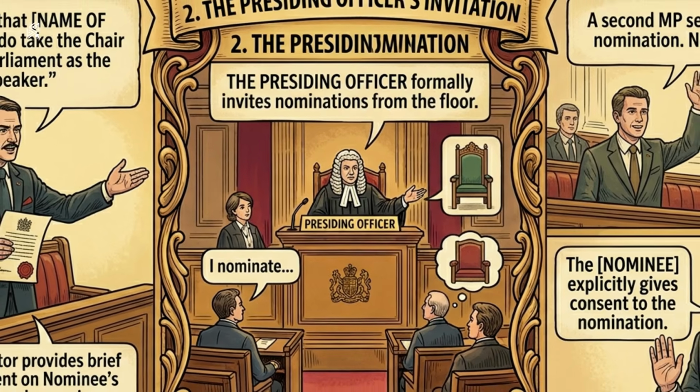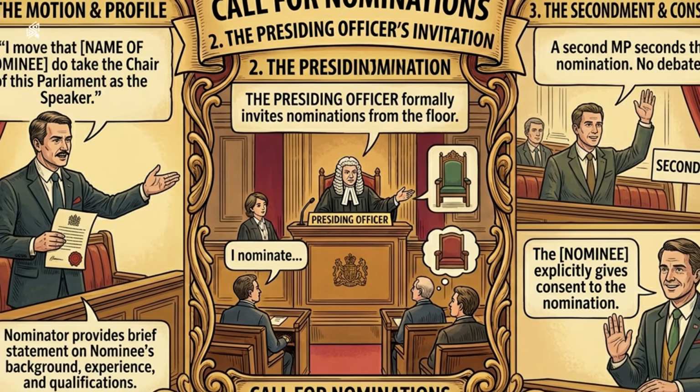The profile: the nominator must provide a brief statement highlighting the background, experience, and qualifications of the nominee. The secondment: the nomination must be seconded by another MP. This is done without any subsequent debate on the floor. The consent: the person being proposed must explicitly give their consent to the nomination.